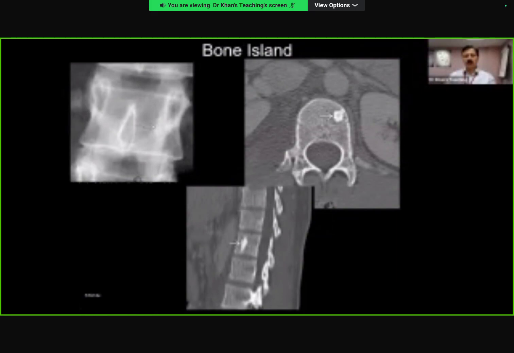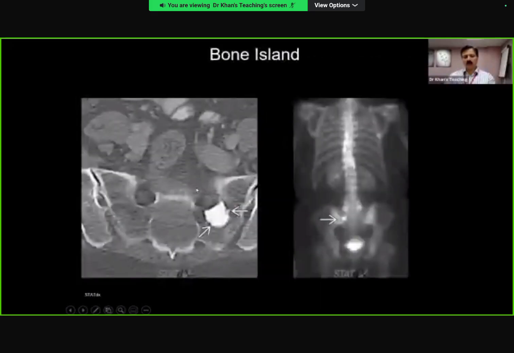Bone islands in your day-to-day radiology are also seen incidentally, let's say in a CT scan. At times it's difficult, but again, if you see it carefully here, you can see this brush border edge. And here you can see this pedicle, and there was some sclerosis here on AP view.